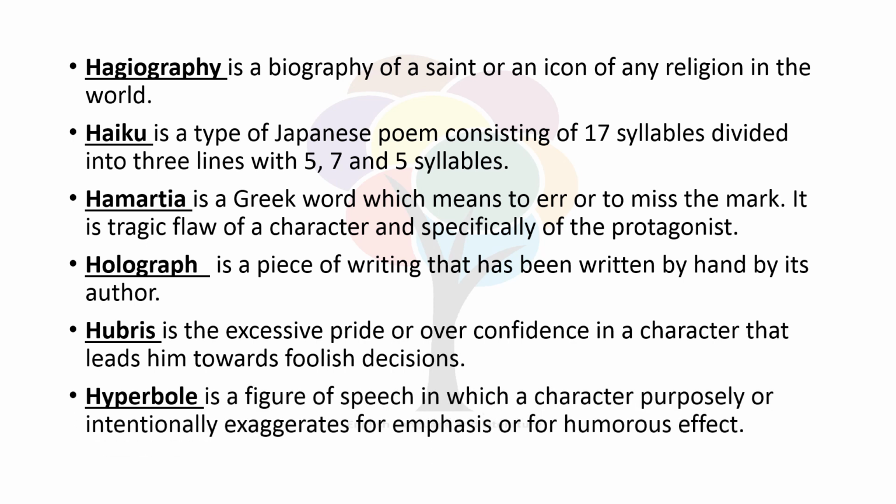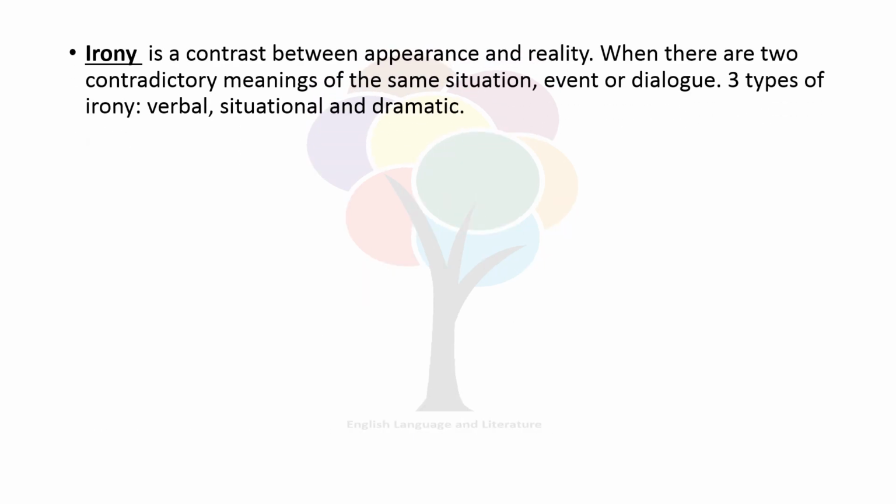Hyperbole. Hyperbole is a figure of speech in which a character purposely or intentionally exaggerates for emphasis or for humorous effect. Irony. Irony is a contrast between appearance and reality. When there are two contradictory meanings of the same situation, event, or dialogue, it is called irony.